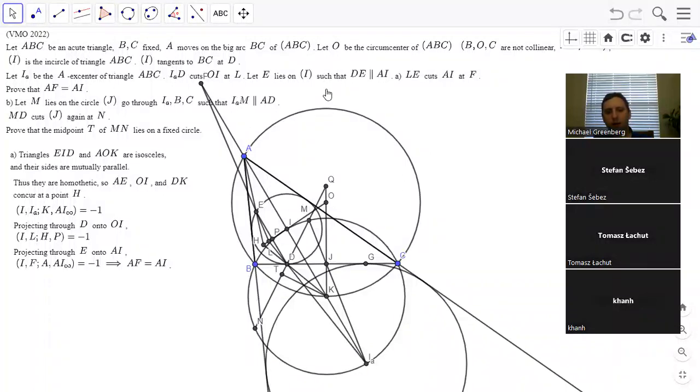Yeah, and this line is always the same. So basically I and I_A are just rotating, and M is just where I_A J intersects the circle. So okay, yeah, D and G are like the feet of the perpendiculars here.